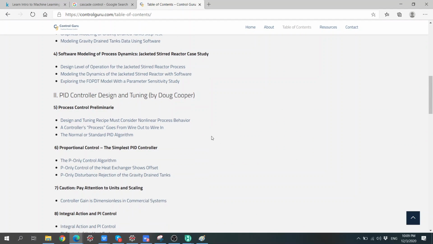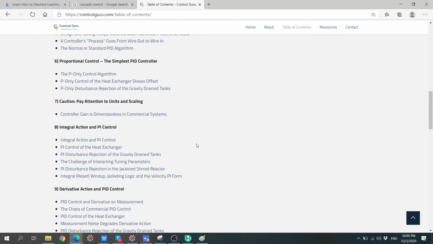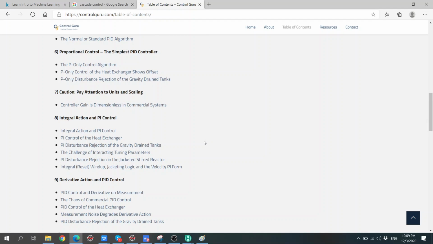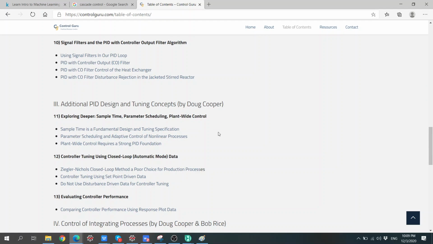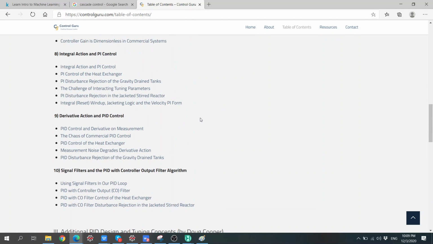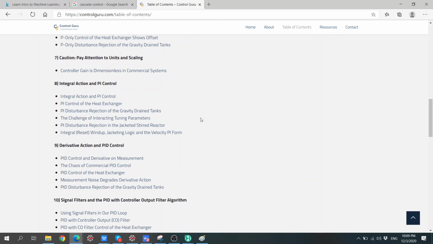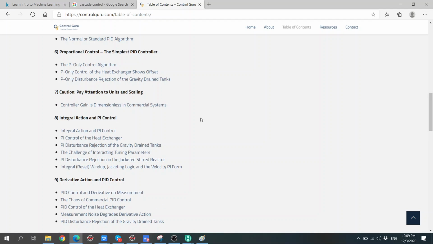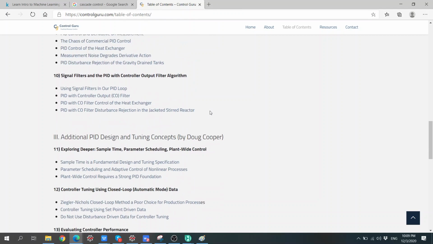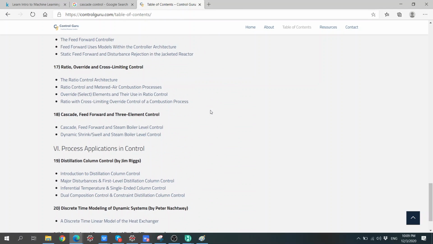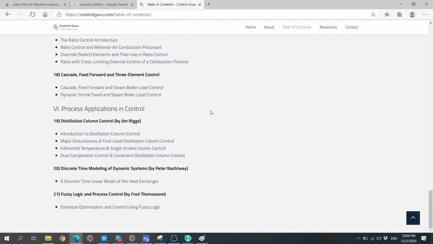There's also design and tuning, you can see. I would like to see the effect of KC. Maybe there is KC somewhere.